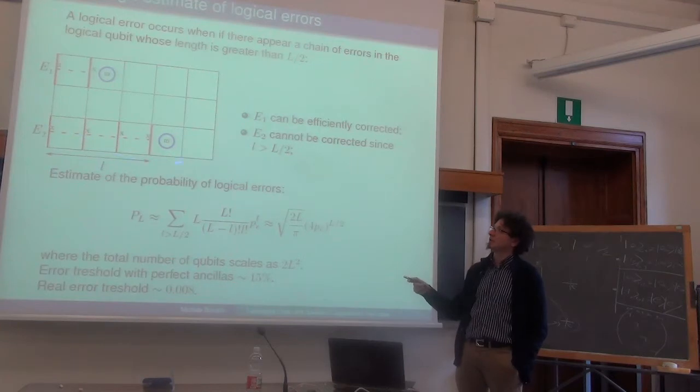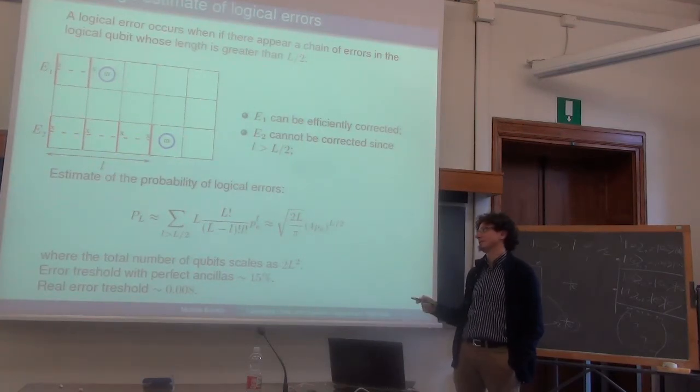But if the noise is so strong that it applies long string operators, then by detecting the presence of a magnetic vortex here, to correct it, I would say, well, it is closer to this boundary, so I move it back in this direction.